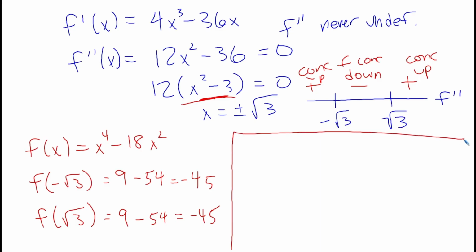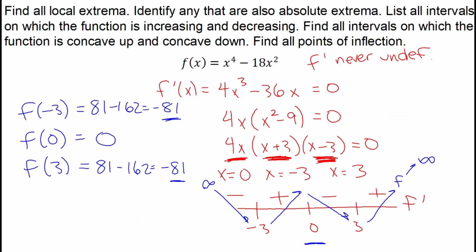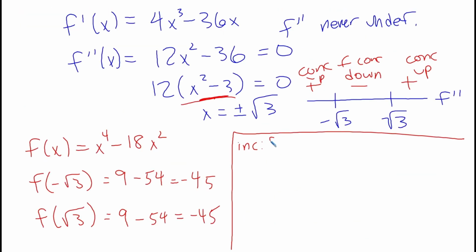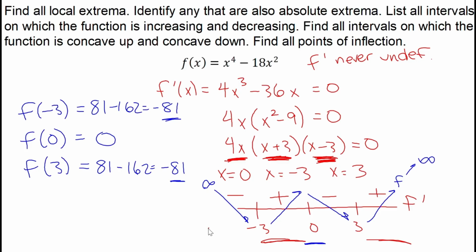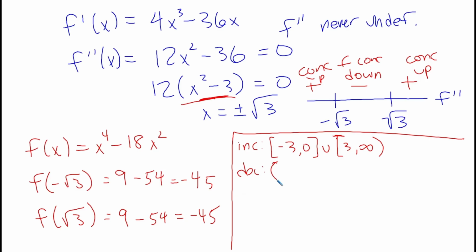So we had intervals where we were increasing. Our increasing intervals were from negative 3 to 0, and from 3 to infinity. And we were decreasing on the other intervals, which were negative infinity to negative 3 and 0 to 3.